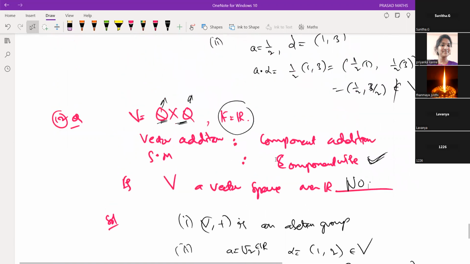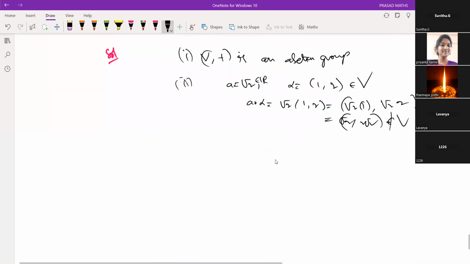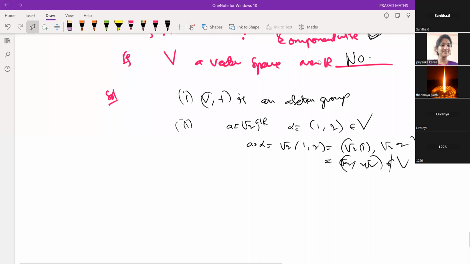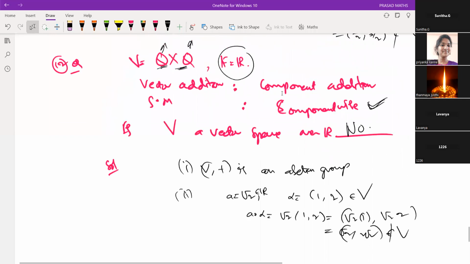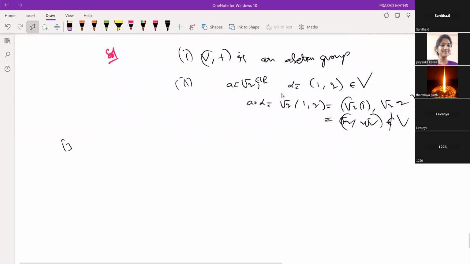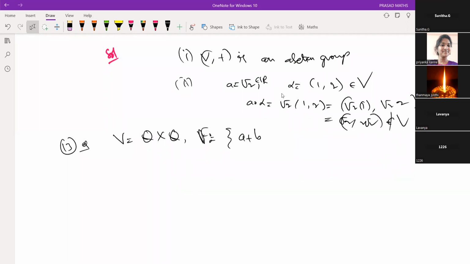Right? If I extend the same idea, V equals Q cross Q, and my field is the set of all a + b root 2, where a, b are rationals.